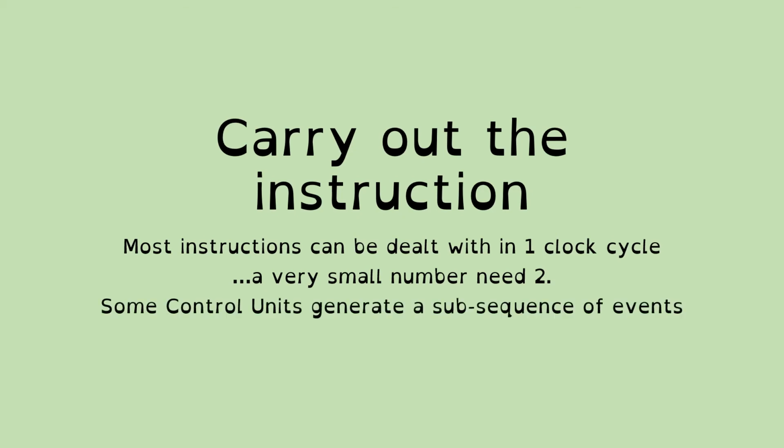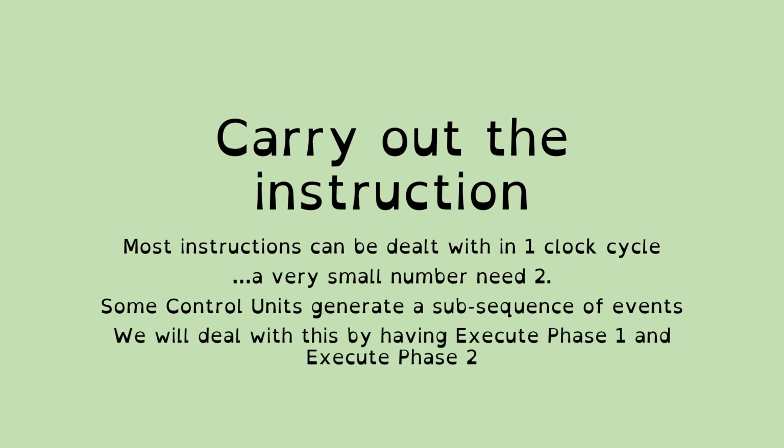So some control units go about this in a very different way, and they create a subsequence of events. You've got a little mini program that gets effected in hardware at this point, depending on what your instruction is, and it might go through a sequence of things over time. But we're going to deal with it by basically having two execute phases.